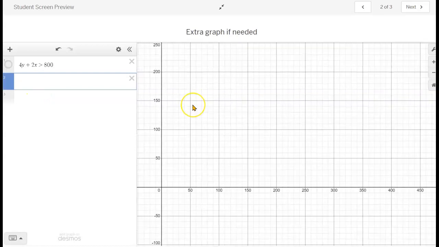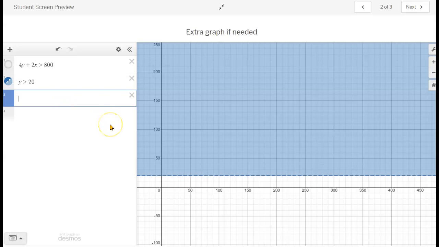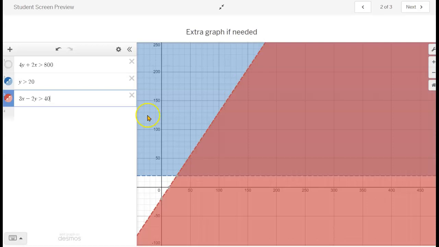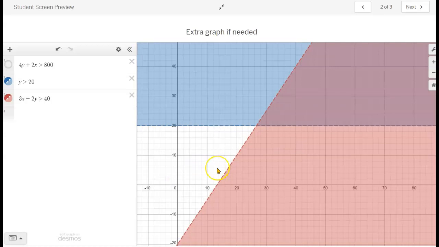So if I had, let's just say I had this, y is greater than 20 and 3x minus 2y is greater than 40. Let's say that those were our 2 equations. They're not, but let's say they were.